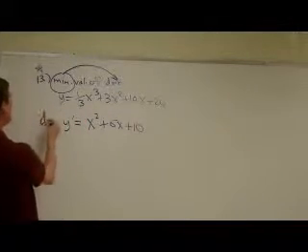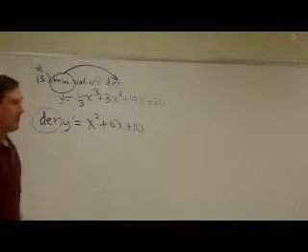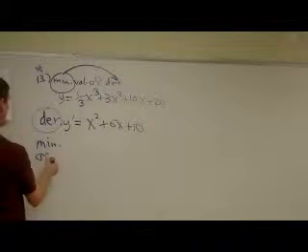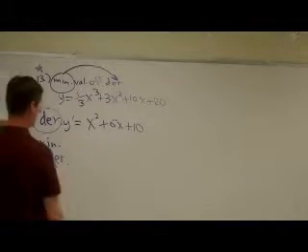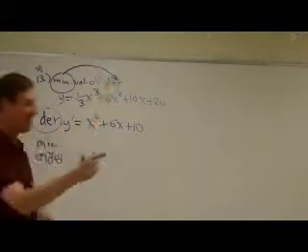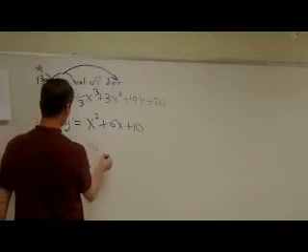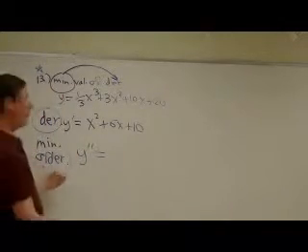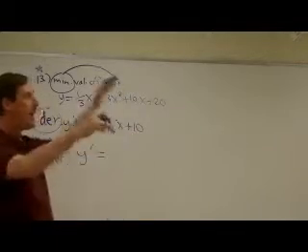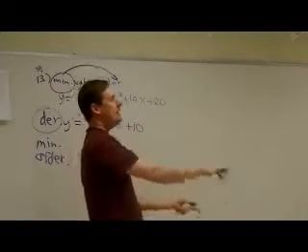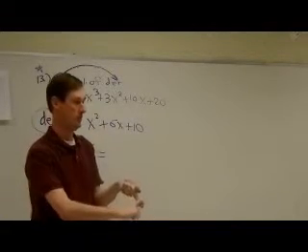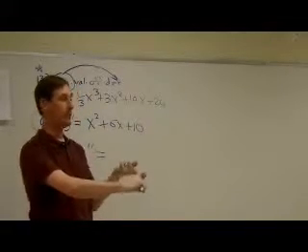So, this is the derivative right here. But I want to find the minimum of the derivative. So I have to find the next derivative. For instance, what if I said, where does the 57th derivative have a minimum?